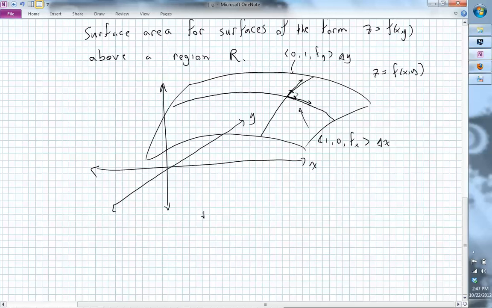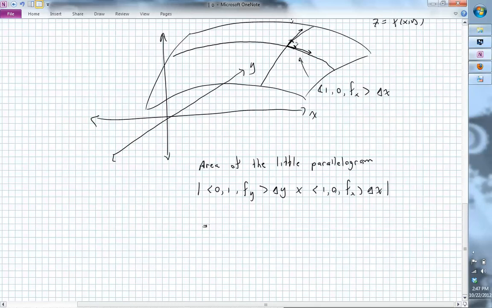So the area of the little parallelogram is just the magnitude of the cross product of these two vectors. Let's compute that cross product inside the magnitude here.